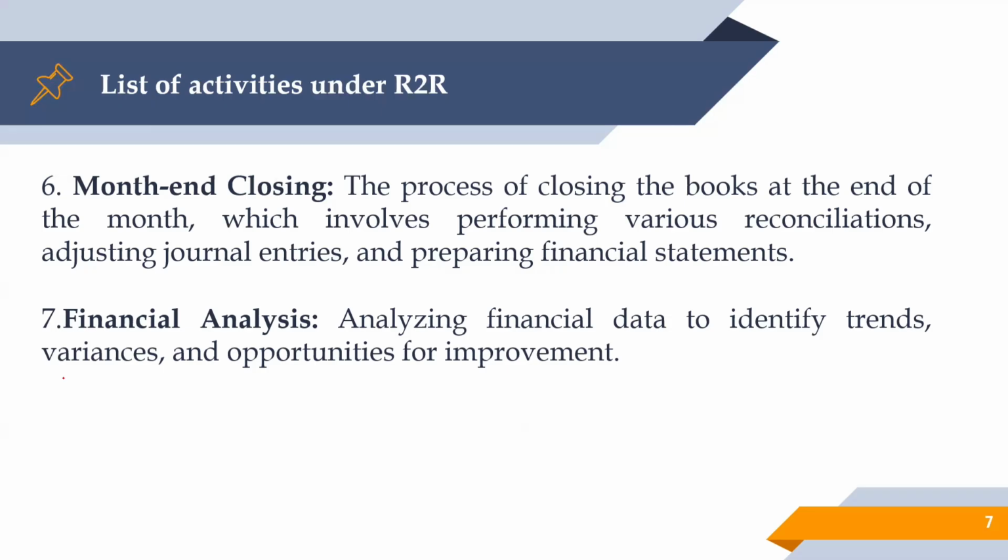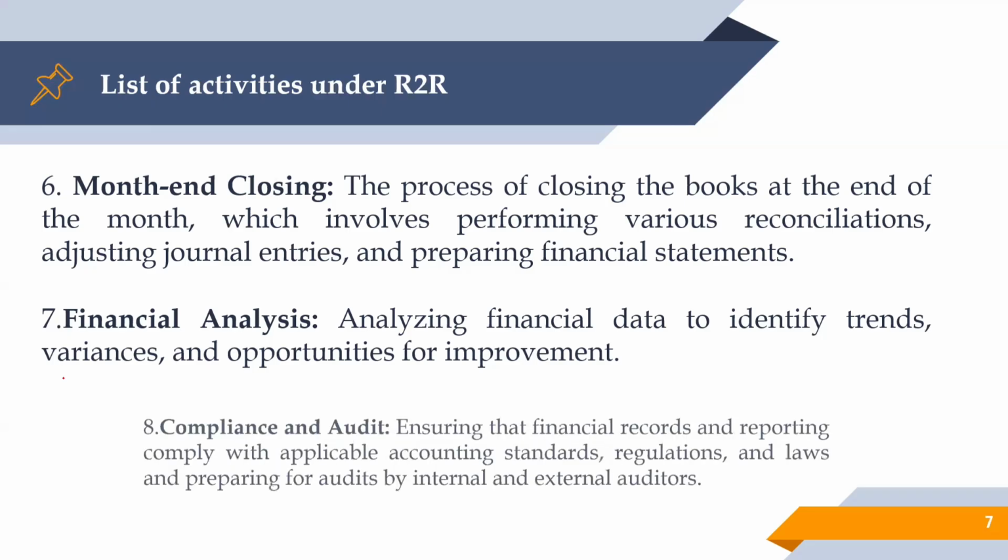If we mention it's going to be 100 crores in sales, but we have done only 90 crores, then why is the difference there? That's also something we have to analyze, and that's a part of our financial analysis.